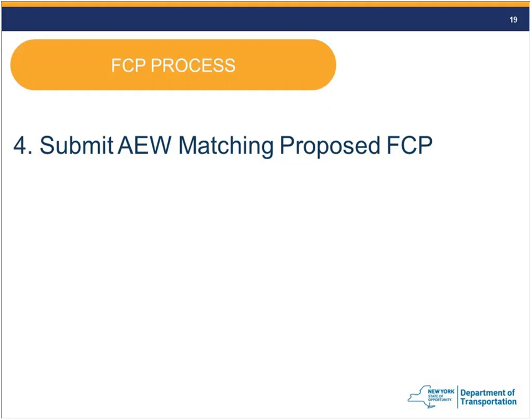Yeah, in OE class we really do try to teach everybody to have an AEW that matches the FCP, just for consistency's sake. It's a good practice. Now, if you're on some other system, that's fine, but it makes it easier if somebody else has to pick up your work or move on.